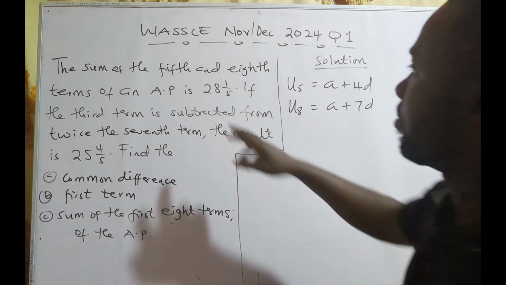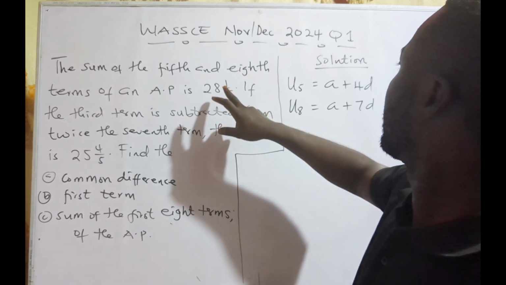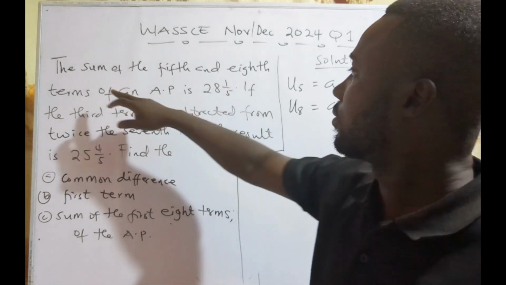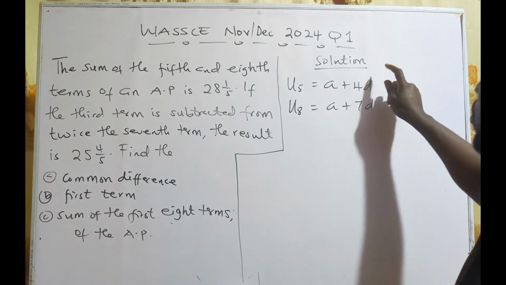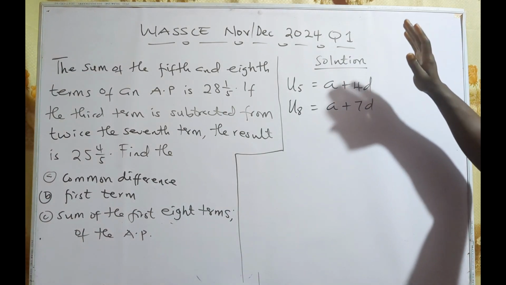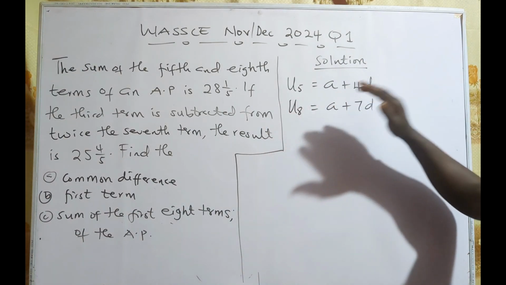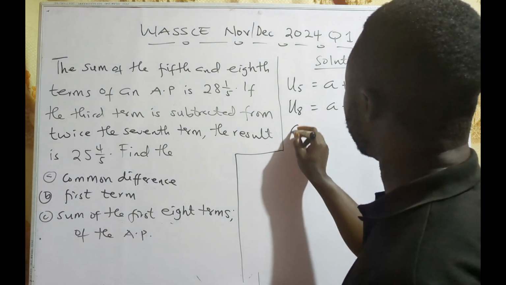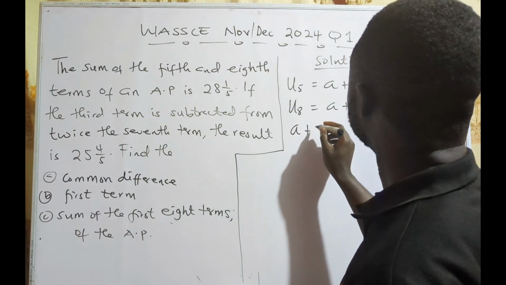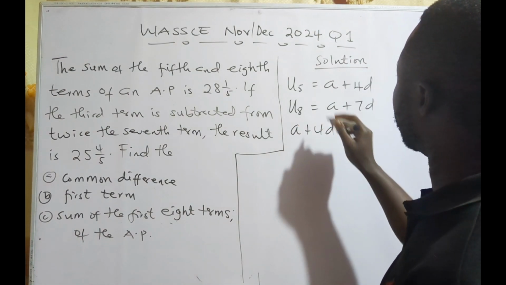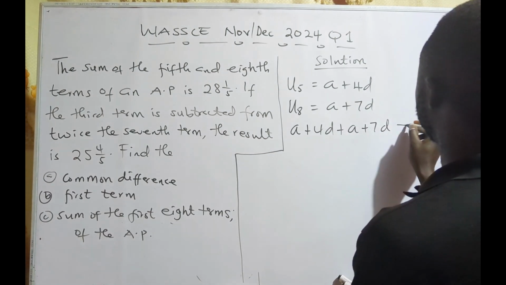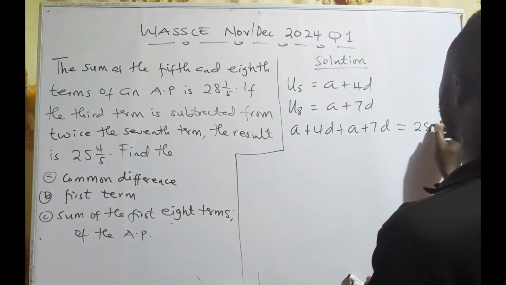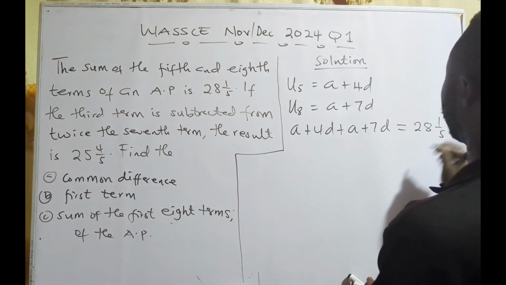It said the sum of the fifth and the eighth terms of an AP is 28 whole number 1 over 5. So when you add A plus 4D, the fifth term, plus A plus 7D, it will give us 28 whole number 1 over 5.